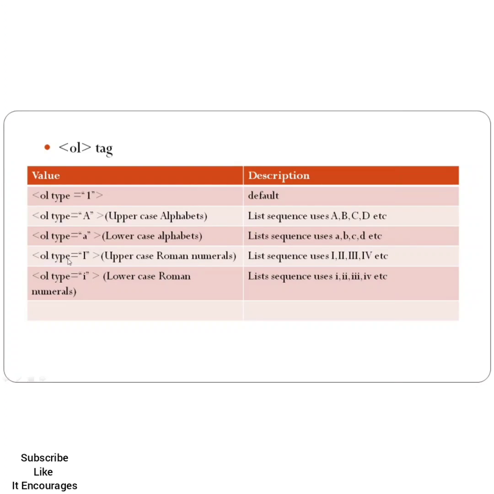In case we specify the OL type as uppercase Roman numeral I, then it will start listing the sequence in Roman numerals. If we specify the ordered list type equal to small i, then it will start listing the sequence in lowercase Roman numerals.